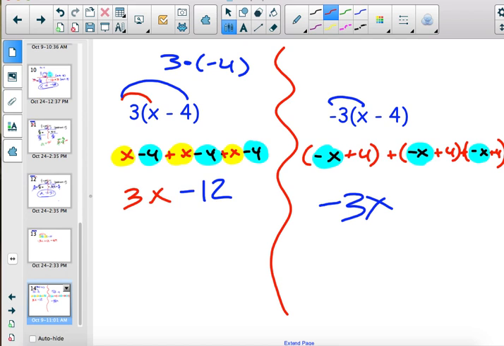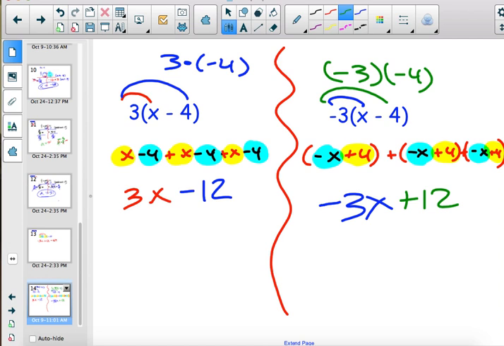And when you do it this way, you're going to get +4 plus 4 plus another 4. 4, 8, 12. So you're going to get +12 because it's all positive. So when you do this, negative 3 times negative 4, a negative times a negative is a positive 12. Alright, going back to the problem though.